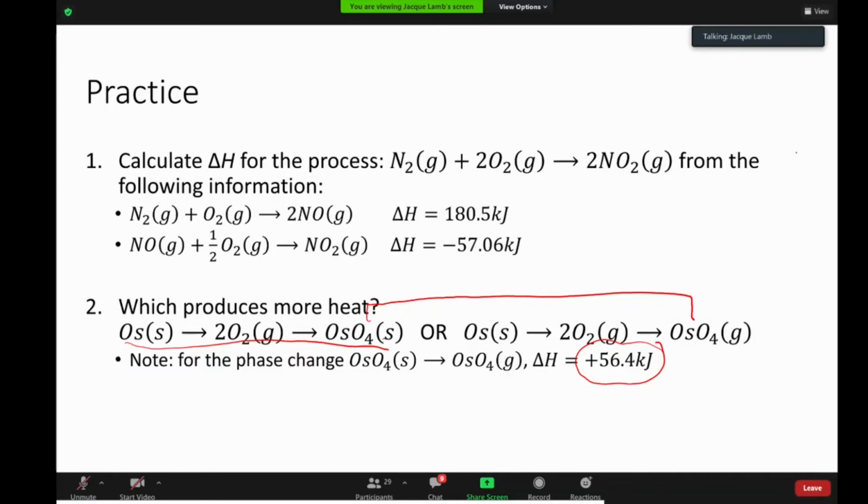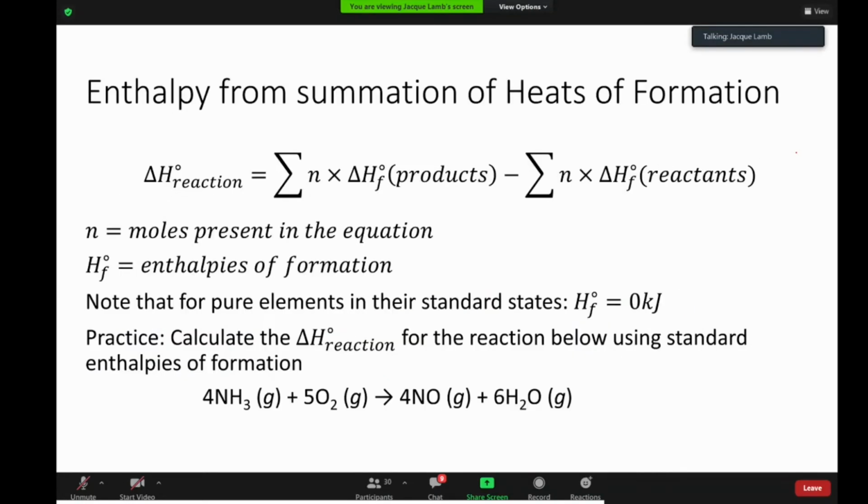Okay, another way to use Hess's law is to use enthalpy from the heats of formation, using a table where you get those delta H of formation numbers. All we're saying here is that the heat of a reaction can be calculated by summing n, the number of moles present in the equation, times the delta H of formation of the products, minus the sum of the number of moles of reactants times the delta H of formation of the reactants.